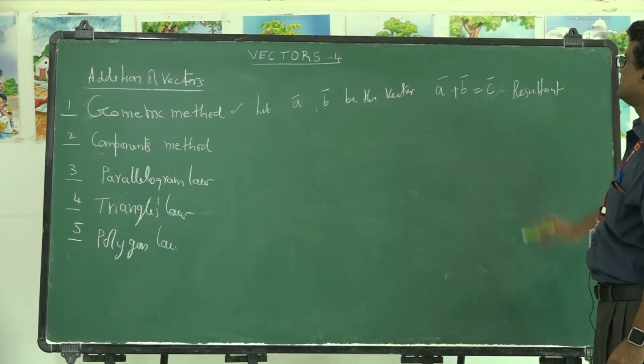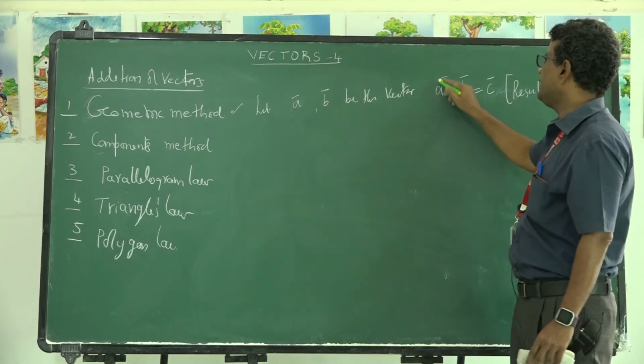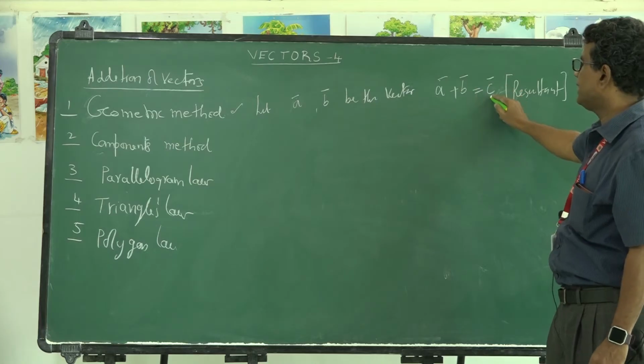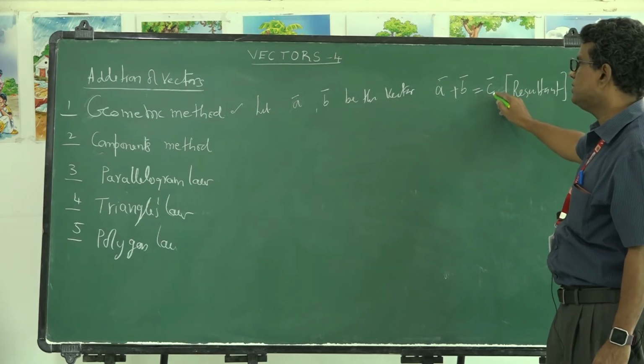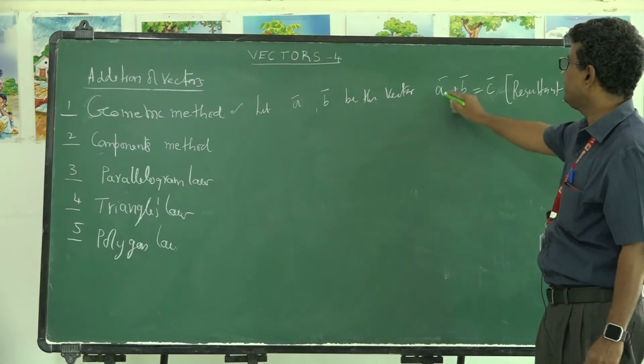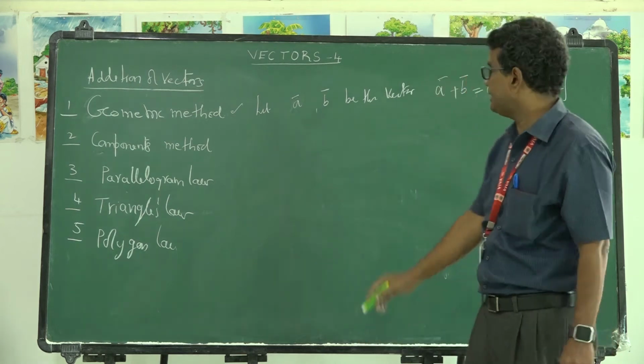That c is called the resultant. After adding these two, you will get a vector, which we can call the resultant. It is also a vector quantity. Adding vector plus vector gives a vector, from the principle of homogeneity.